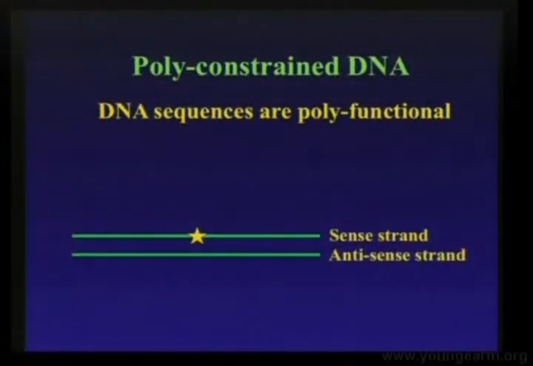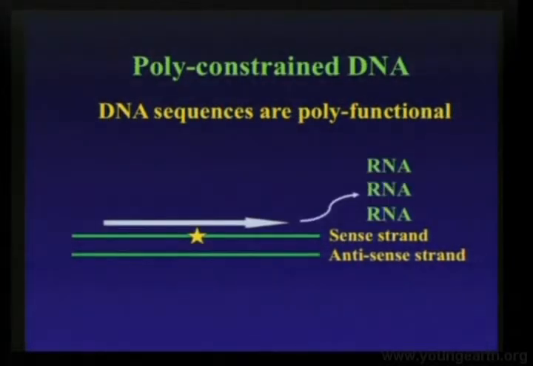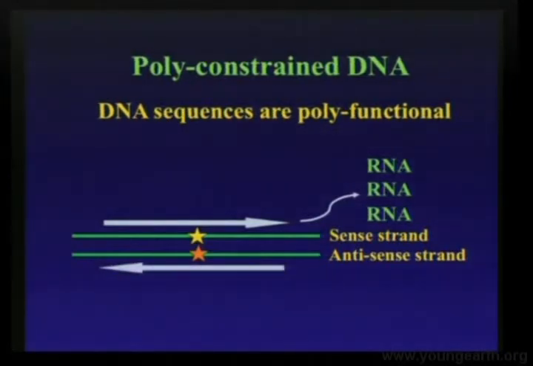Okay, so what's that mean in relationship to polyconstrained DNA? That means if we have a mutation on the sense strand, okay, and that strand, of course, is being expressed into various different types of RNA, then those RNA are all affected by that mutation. But see, now we also have a mutation on what used to be called the antisense strand, and all the RNAs coming from that are affected as well.